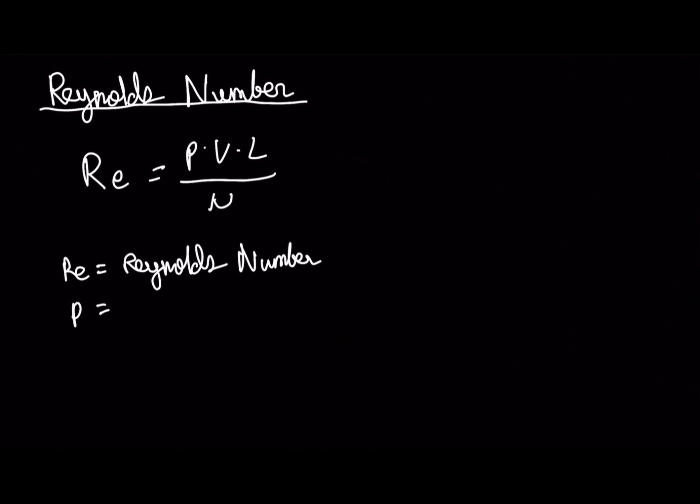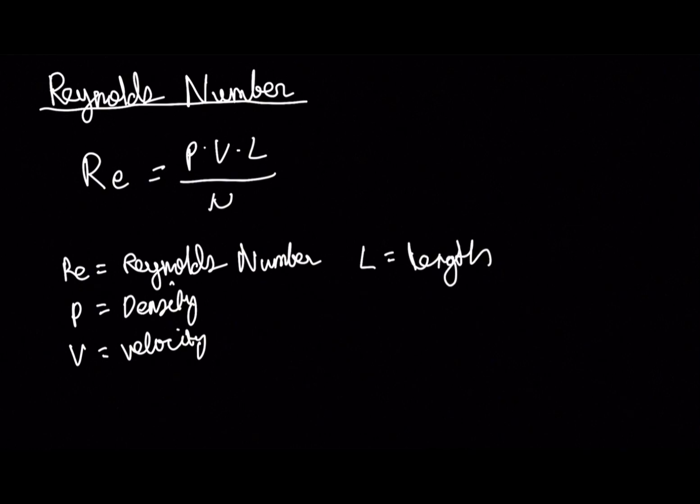Rho represents density. V represents velocity. L represents the length. And mu represents the bulk viscosity. And small v is kinematic viscosity.